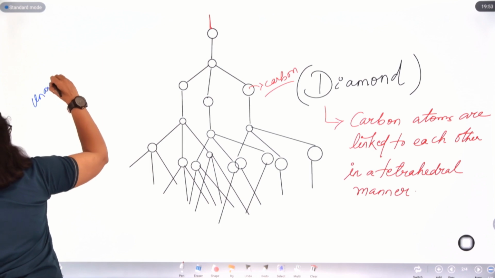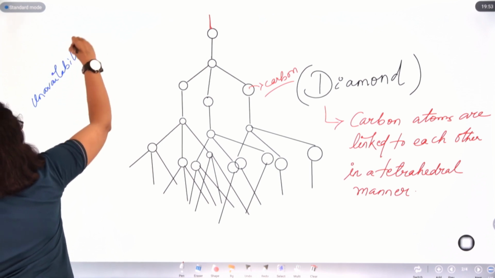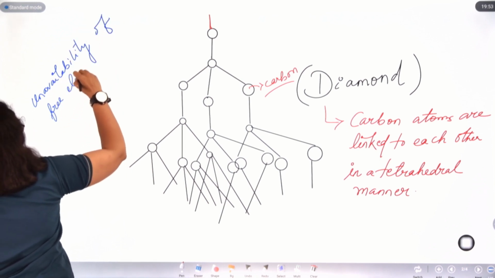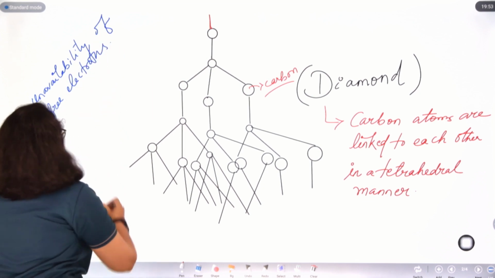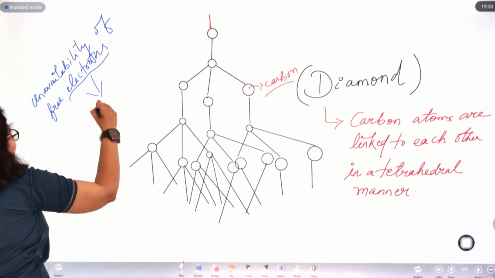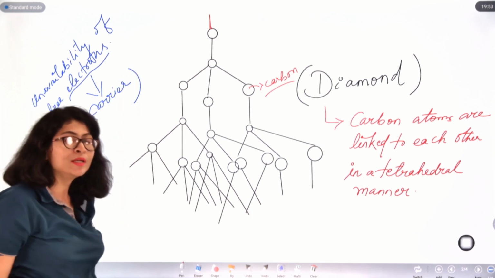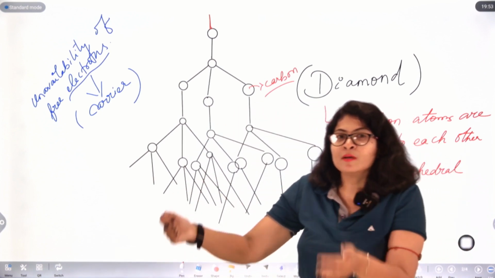Unavailability of free electrons. Basically electrons are the carriers of electricity. As the carriers are not available, how will electricity be conducted in that medium?